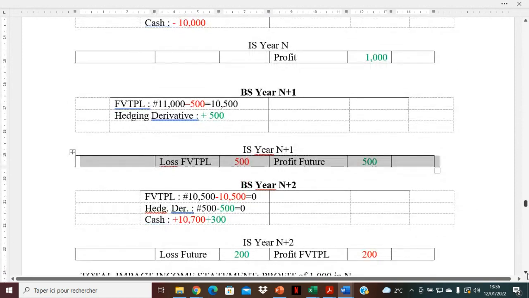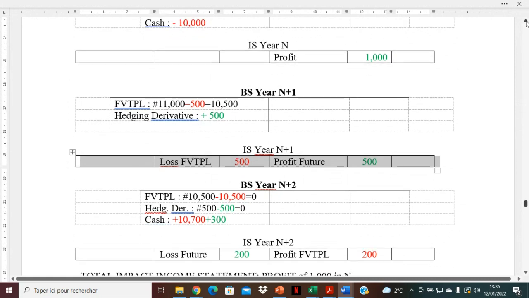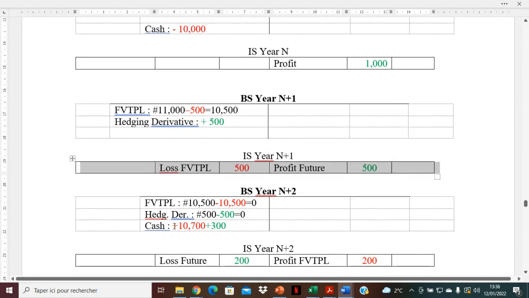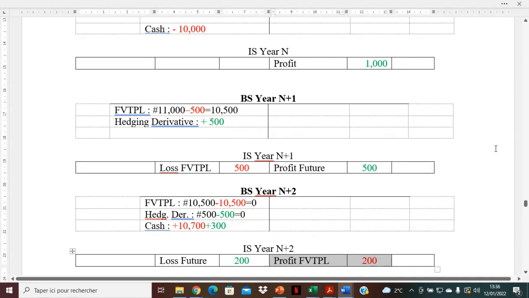Then in year 2, I sell my bonds for 10,700. Therefore I have a cash inflow of 10,700. But the book value of my bonds is only 10,500. If I sell an asset at a value higher than the book value, there is a profit. Therefore I have a profit of 200 in my income statement.